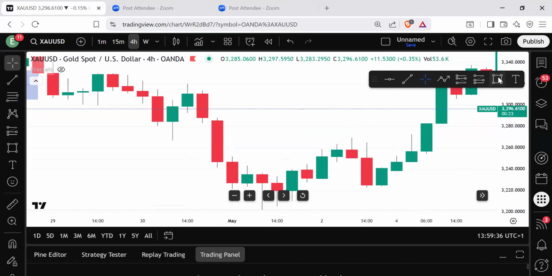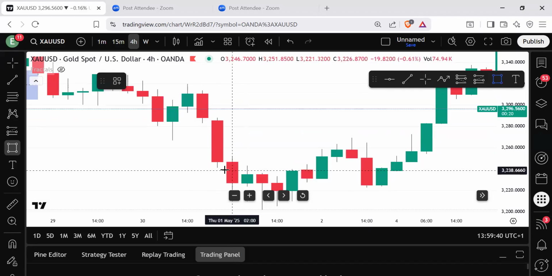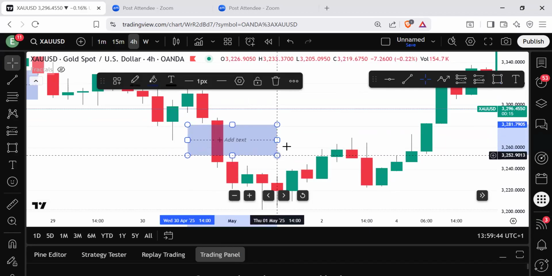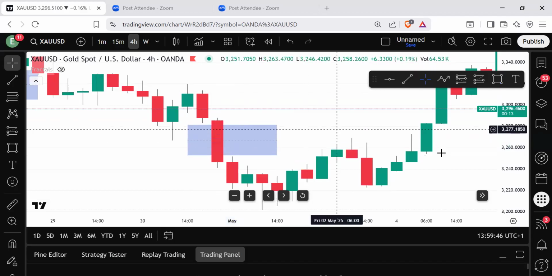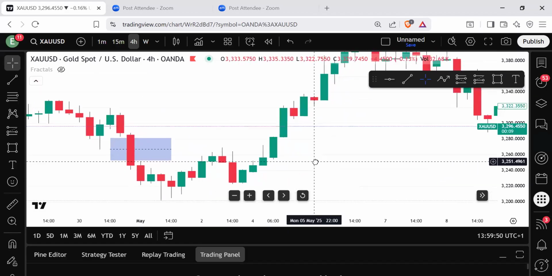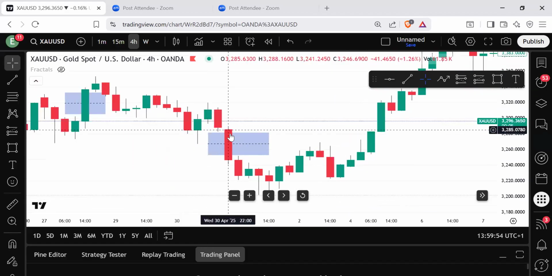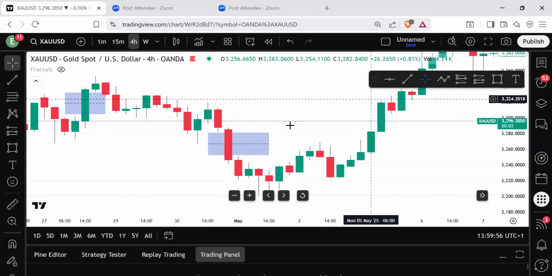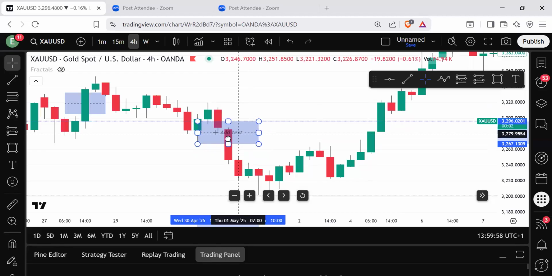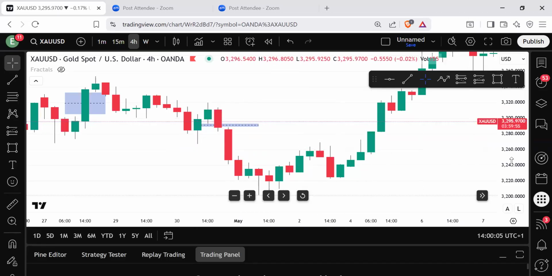So there's also a gap. If you look at this candle and this candle, there's a gap between them. And the previous one also has a gap. That green and red, there's a little gap.